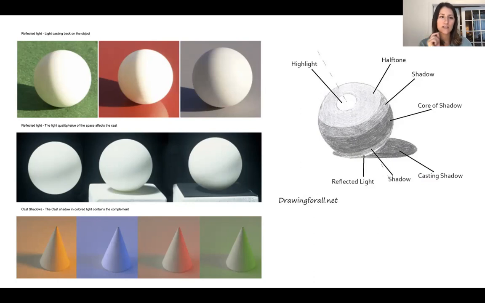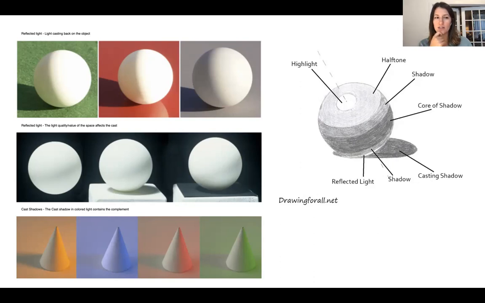So anyways, there's a lot of subtle things that happen with light in relationship to objects, in particular based on their surface quality. So I just want you guys to be made aware of this, and we're going to be doing some drawing and observational studies in relationship to this for our in-class and homework assignment.